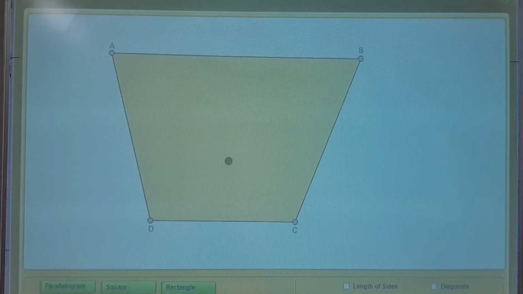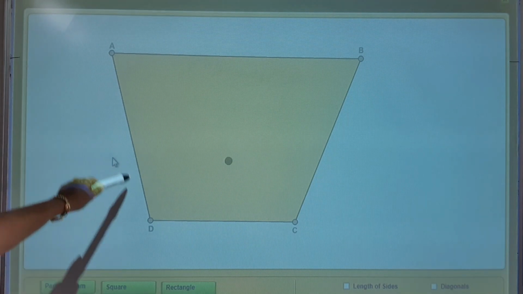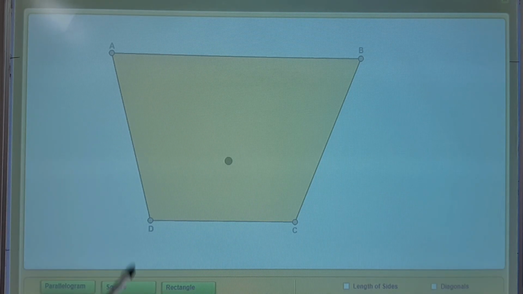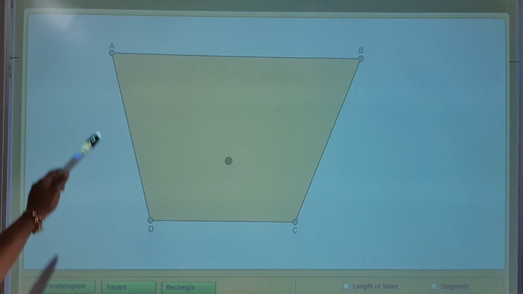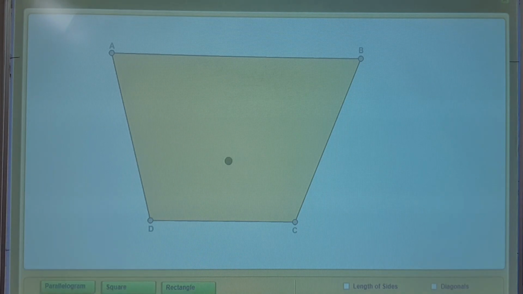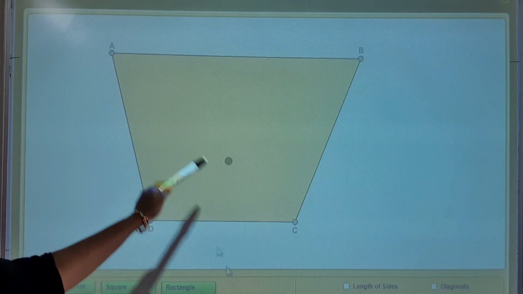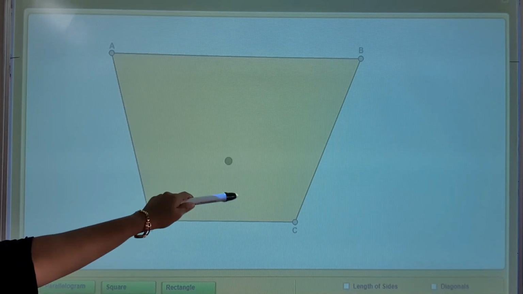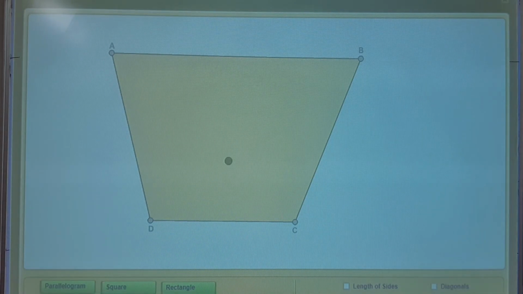They will never meet each other if you extend. Understood? But in the case of AD and BC, if you extend these both, they will meet each other. That is why AD and BC are non-parallel sides. This DC and AB are parallel, but AD and BC are non-parallel.